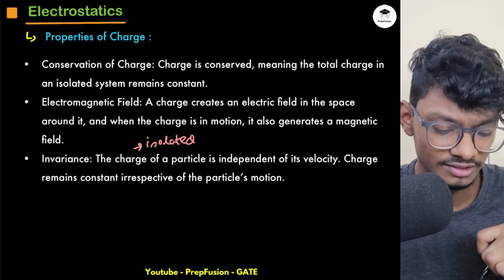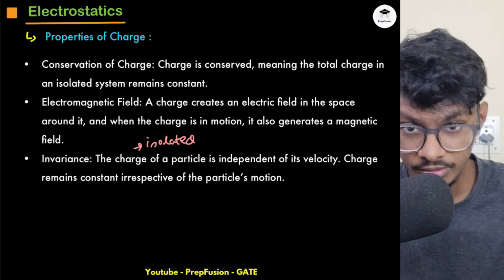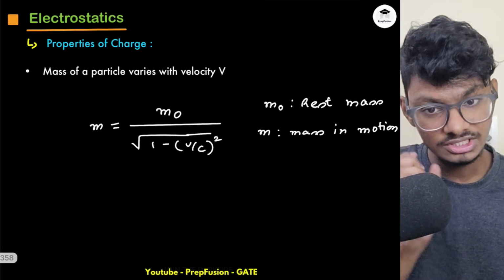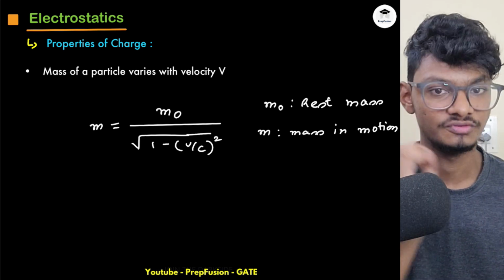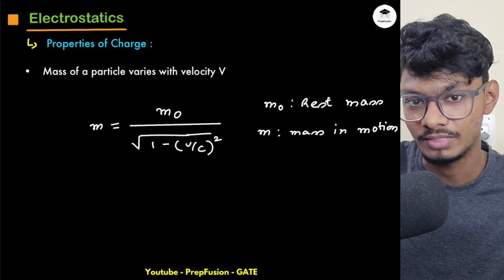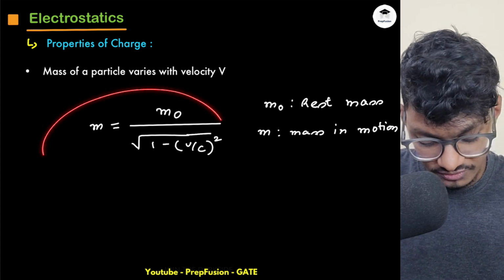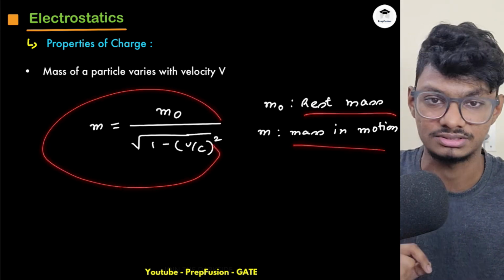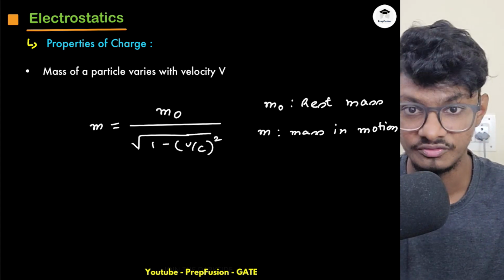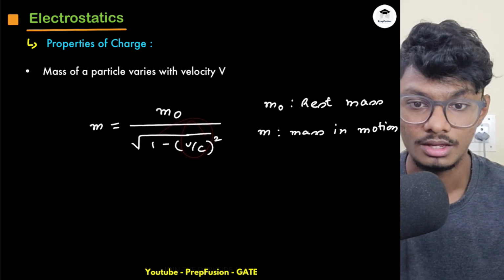Why is this property very interesting? Because I will tell you one interesting fact that you don't know about mass. Actually, the mass of a particle varies with velocity. We don't observe this because we generally don't go at very high speeds. But there is a very interesting formula relating rest mass and mass in motion. m0 is the rest mass, the mass of a body at zero velocity.